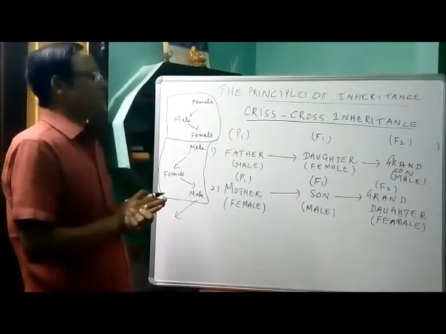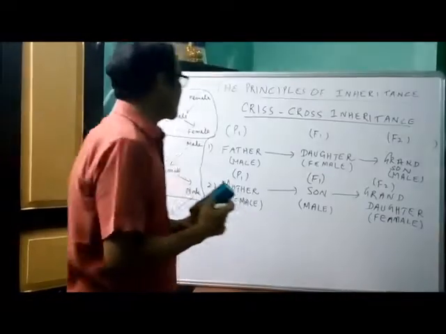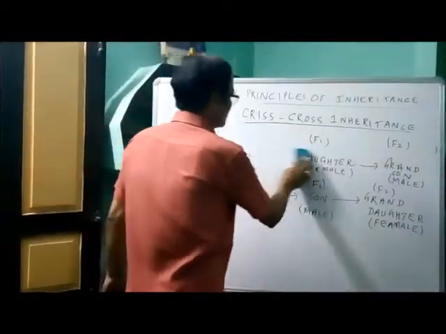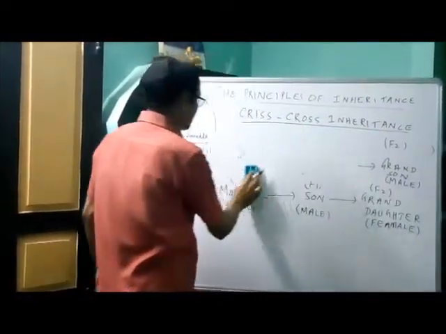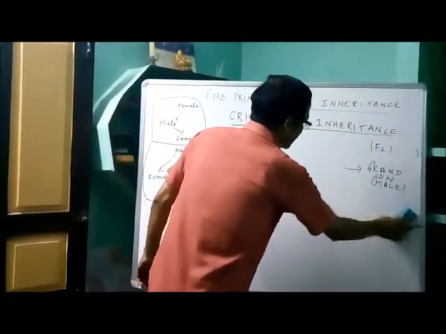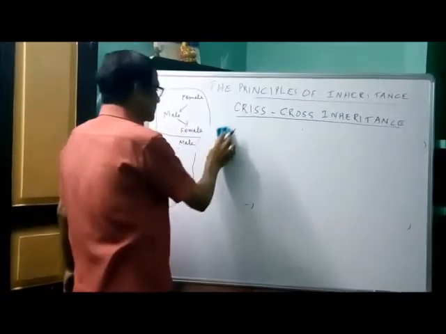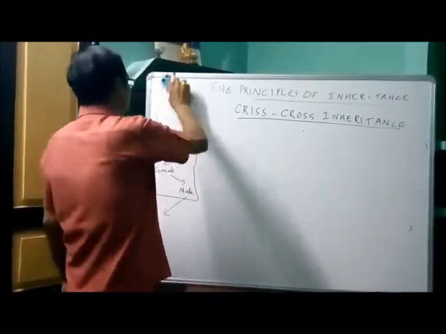Now, what are the examples of sex-linked characters? We have a number of sex-linked characters, mostly X-linked recessive characters. Most X-linked characters, particularly recessive ones, result in diseases in humans.